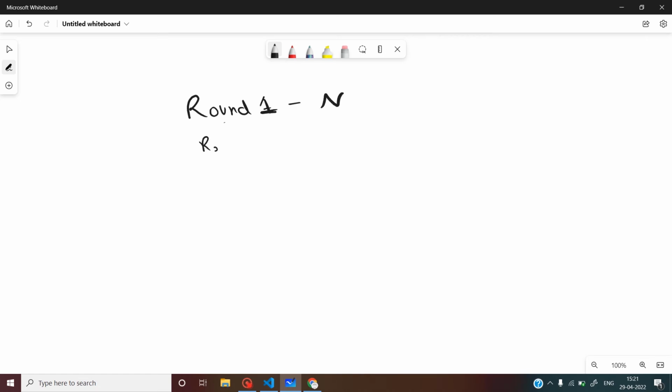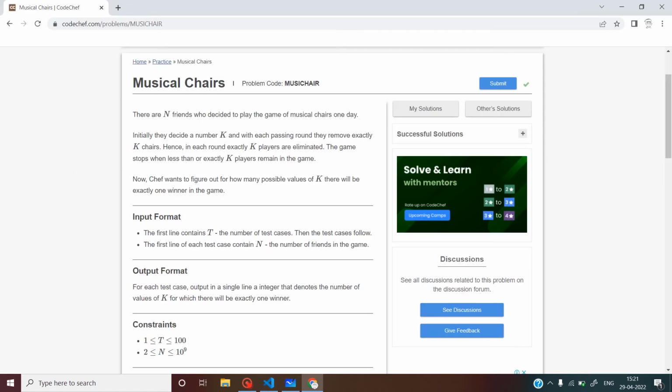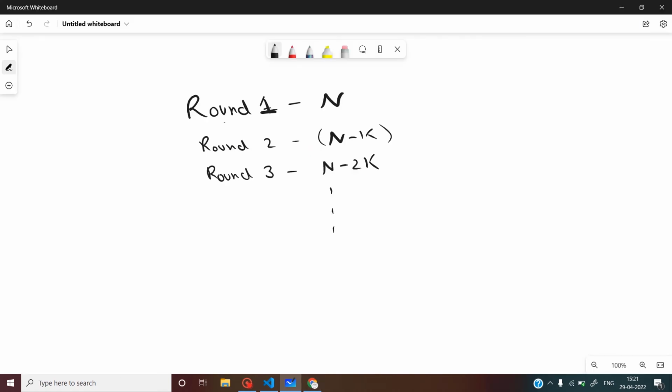Then in round 2 there will be n minus k players, and in round 3 there will be n minus 2k players, and so on, until the game stops when less than or exactly k players remain in the game. Once this number becomes less than or equal to k, we will stop. If it's greater than k, we will continue to the next round, otherwise we will stop the game.